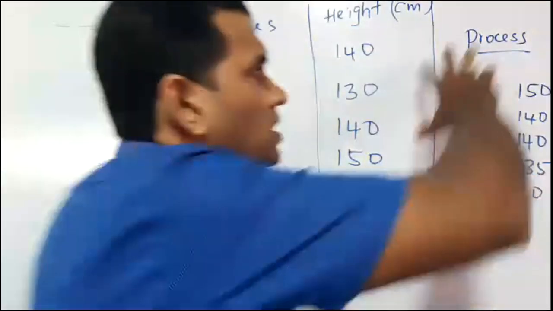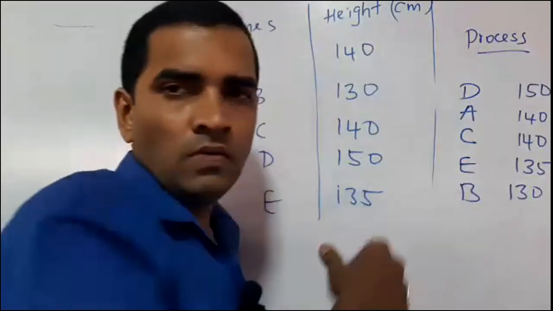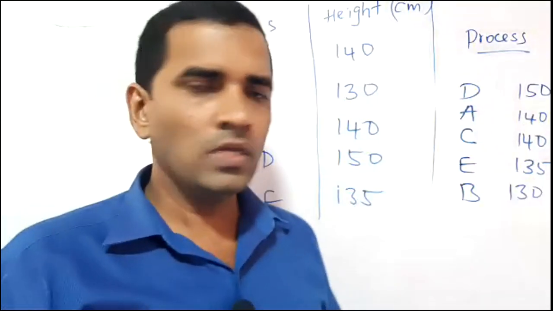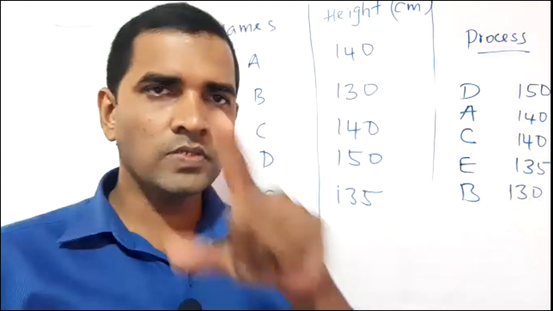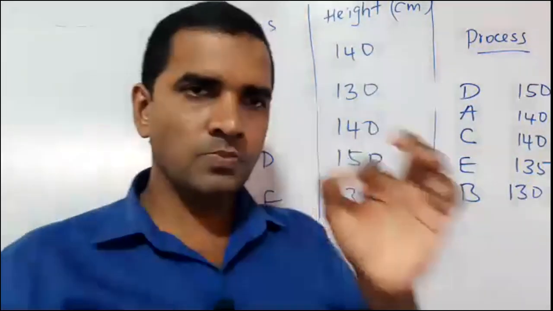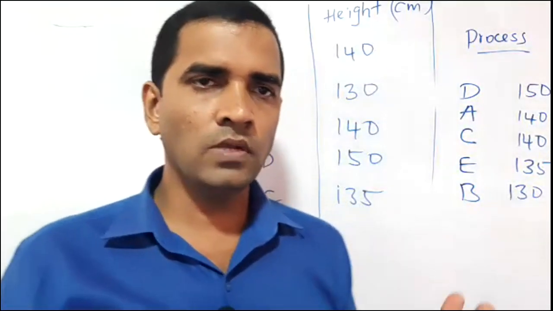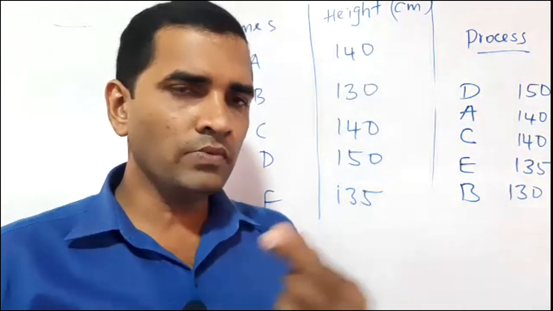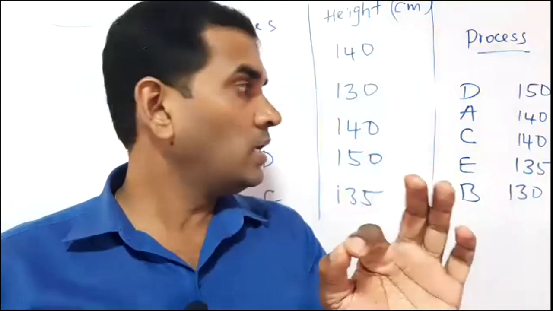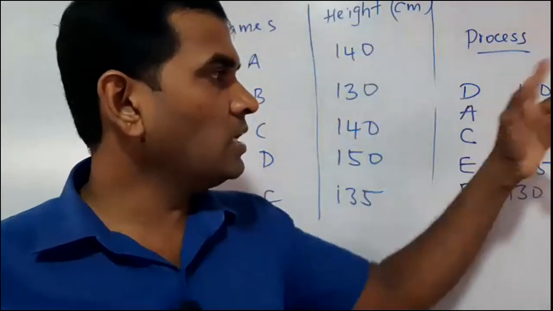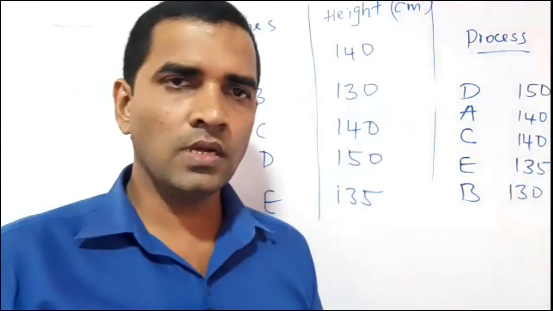So this table is data. Now we did some sort of arrangement, right? We arranged them in descending order. This can be taken as process. As a result of the process, now it is possible to obtain some meaningful information. Let me give some meaningful information. See, D is the tallest student in the classroom.